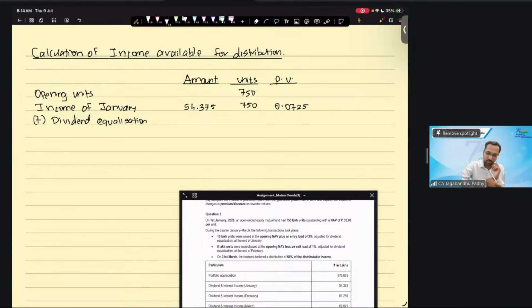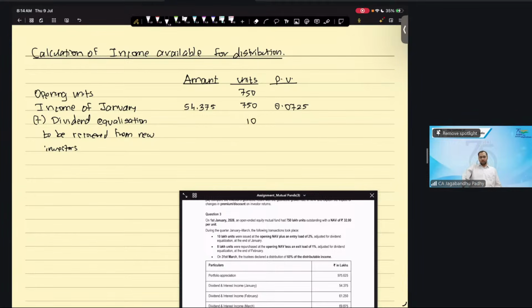So income of January is 54.375. Dividend equalization to be recovered from new investors. So how many new unit holders do we have? New unit holders are 10.